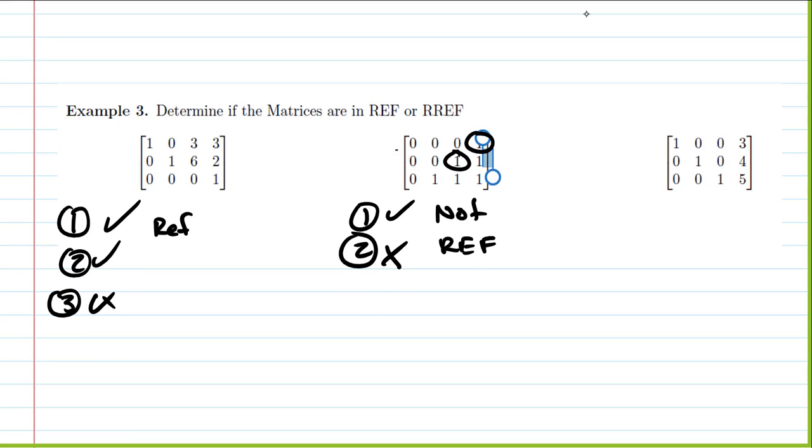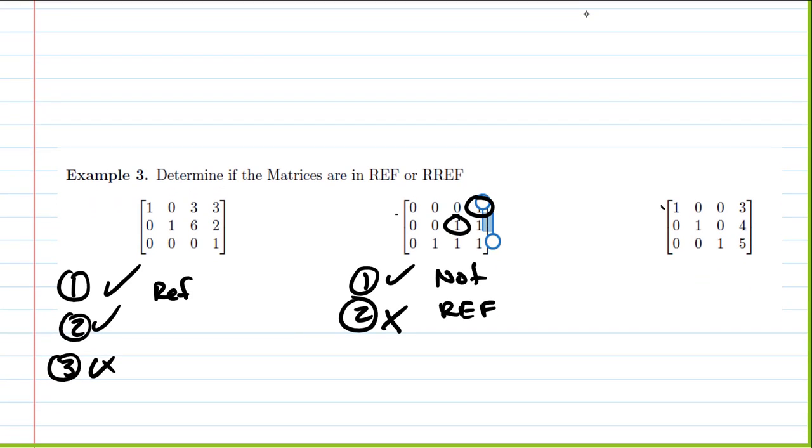And then our last one, our first non-zero entry in each row is a 1. That's good. The leading one in every row is further left than the leading one in every row below it, so 2 is true. And it has no rows of 0, so this one is true as well. So that is in REF.